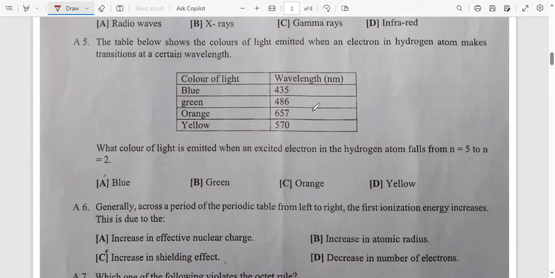How do you determine that? You need to find the wavelength of that photon or that light that is emitted. We actually don't find wavelength directly. We'll find it as an inverse using the Rydberg equation. 1 over wavelength is given by R_H, that is 1.097 times 10 to the power... What is that power?